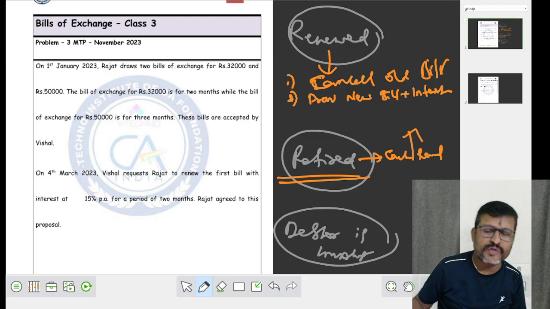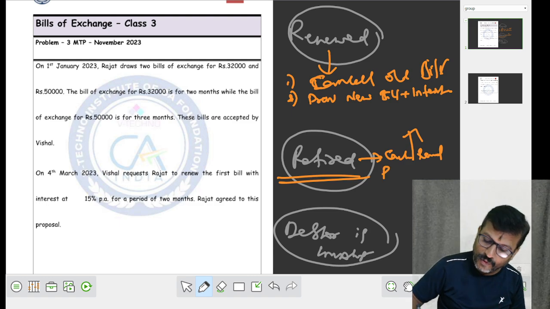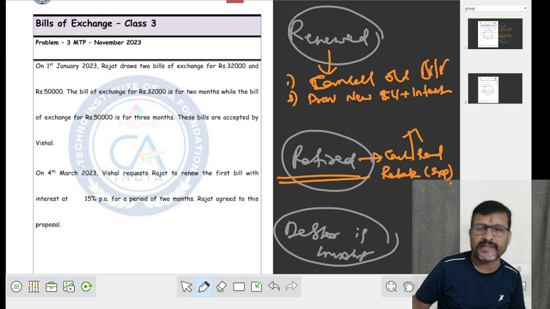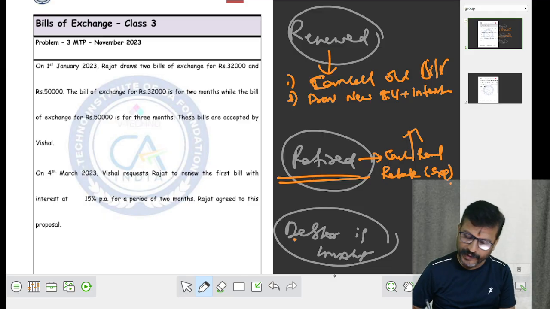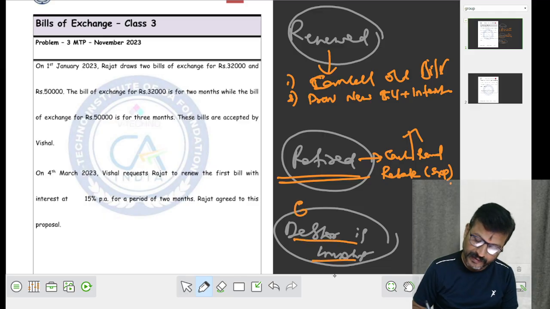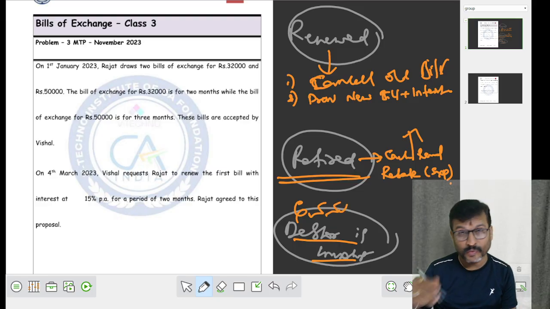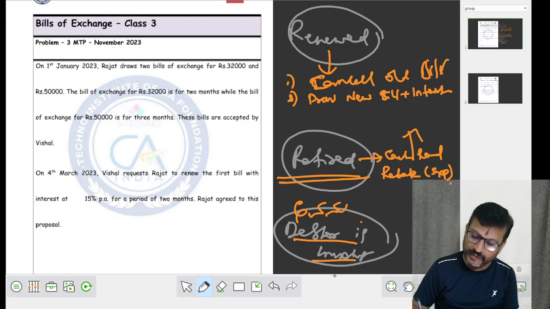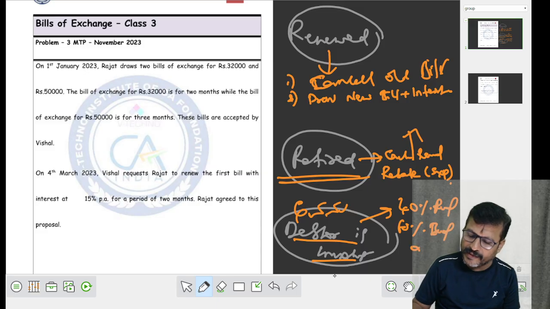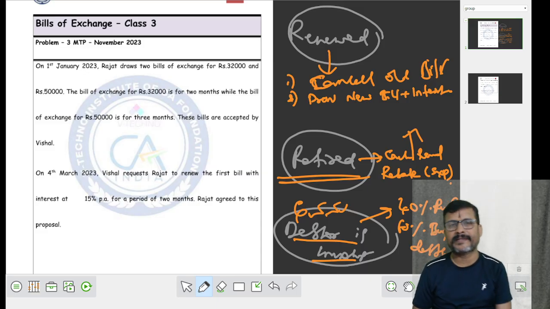So cash increases, after that we have to give the rebate. Rebate is an expense for us. When the debtor is insolvent, if you recovered 40%, the balance 60% is called bad debts.